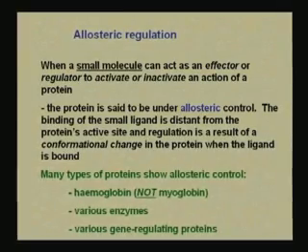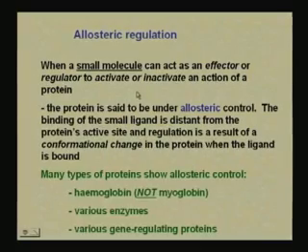Now, what happens is we have these small molecules or small inhibitors or effectors or substrates act on the enzyme. What they essentially do is this small molecule can actually act as an effector or a regulator to activate or inactivate an action of a protein.